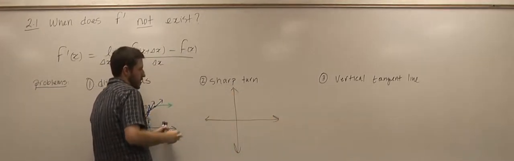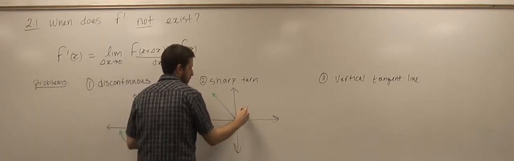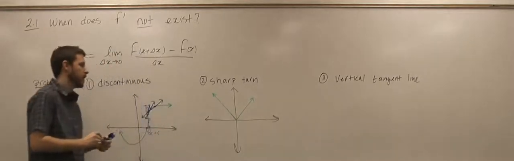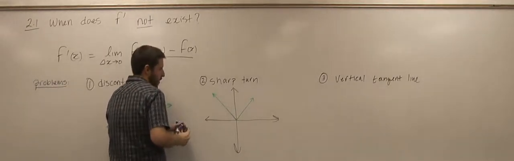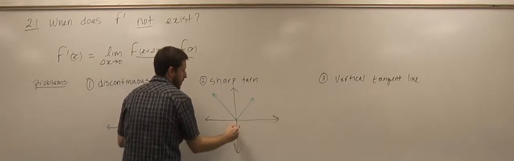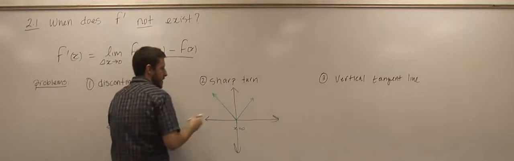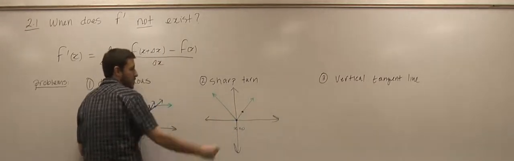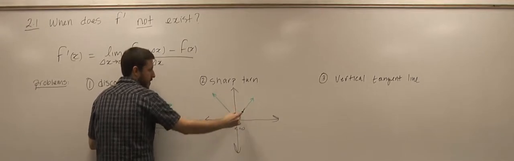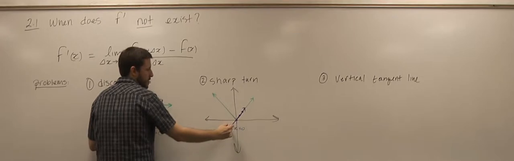The canonical sharp turn graph is absolute value. If you look at x equals 0 on an absolute value graph, and you try to find secant lines on the right, what's going to be the slope of all the secant lines on the right? What's the slope of any of these?